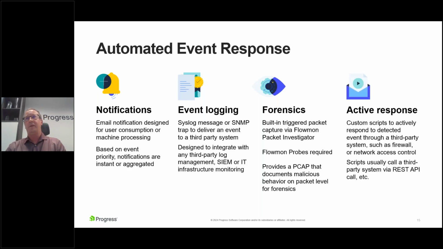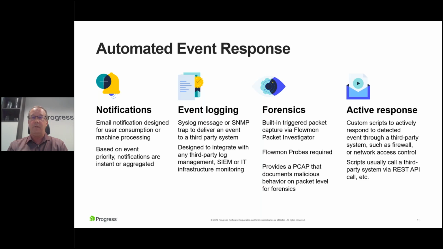And last but not least, you can do active response. There is an option to create a custom script to actively respond to a detected threat through, for example, firewall or network access control. Usually what these scripts do, they trigger a third-party system through some kind of an API to block the network traffic and put the device into quarantine.